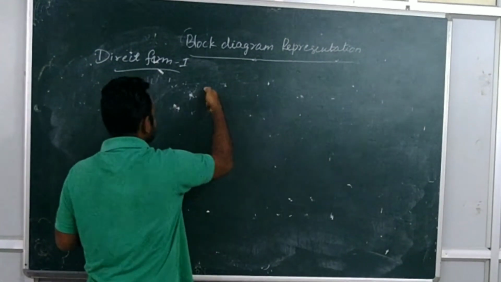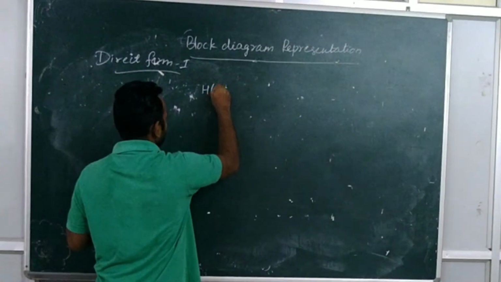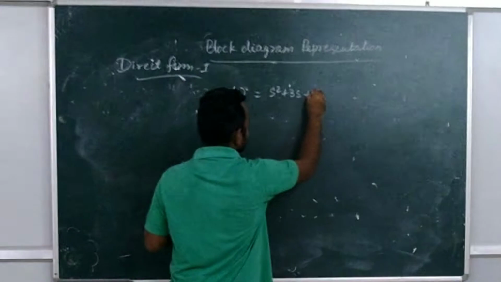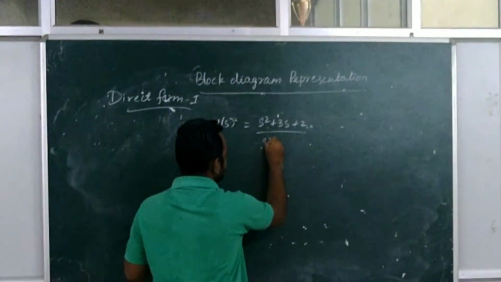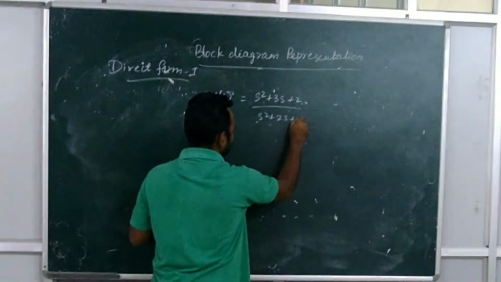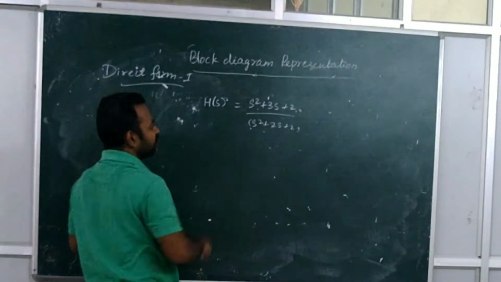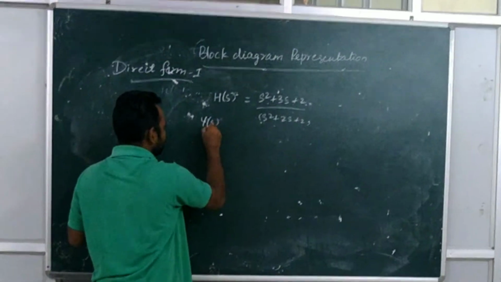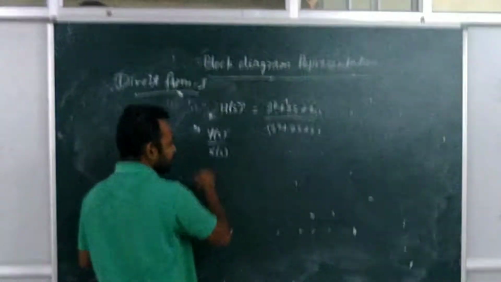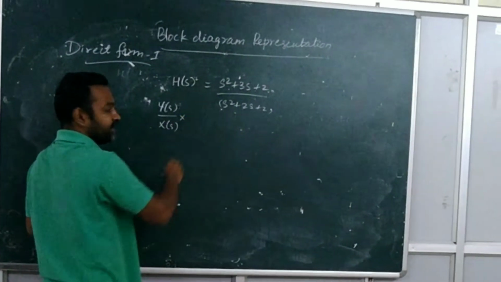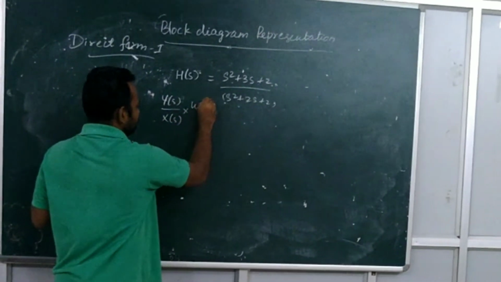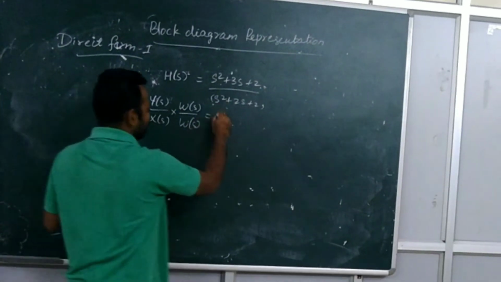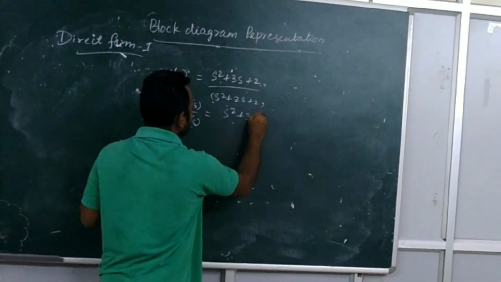Your H(s) is (s² + 3s + 2) divided by (s² + 2s + 2). On the left-hand side we have Y(s)/X(s). Here we are introducing a new element W(s), so multiply and divide by W(s), and once again you have the same on the right-hand side.